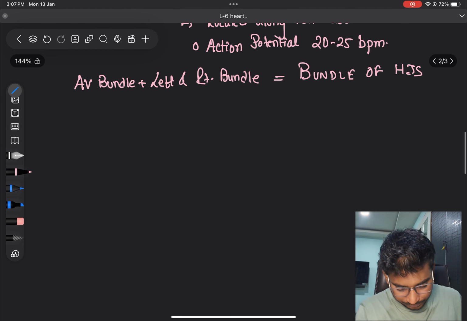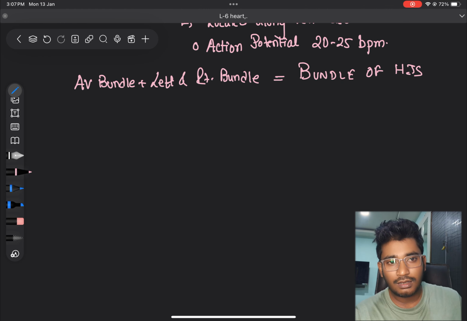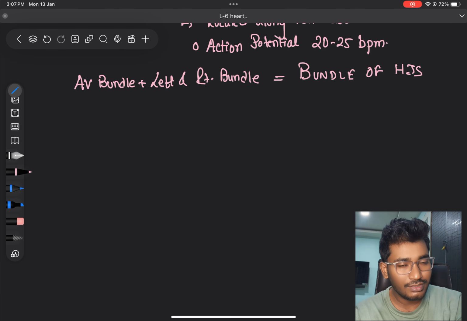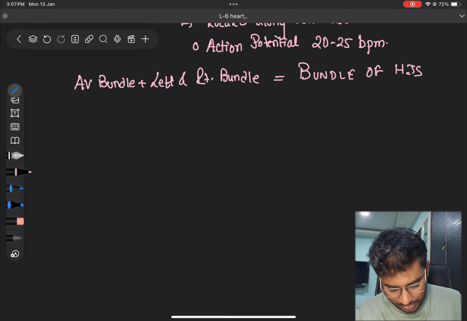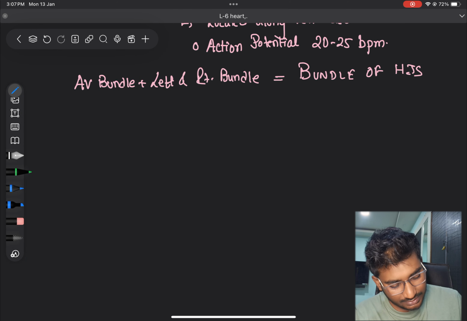Now I am drawing a pattern of how the beats get transferred. The beats start from the sinoatrial node, then are transferred to the AV node, then to the bundle of His, then to the total heart, the Purkinje fiber and all. So I can write it.